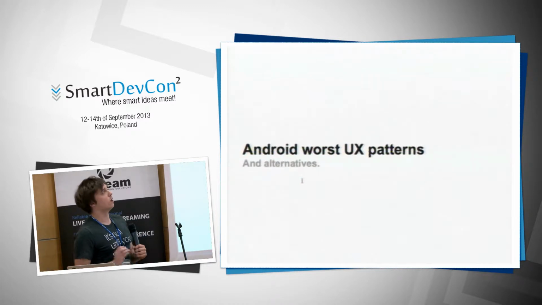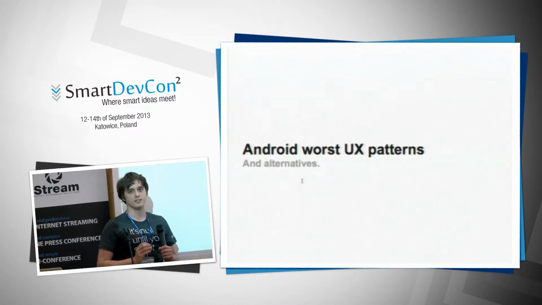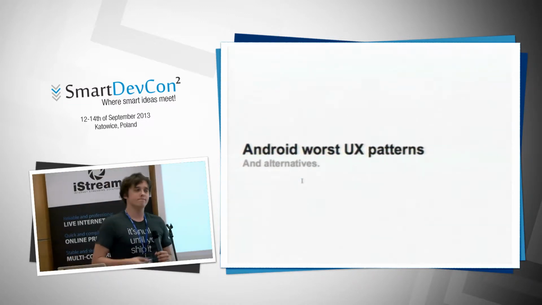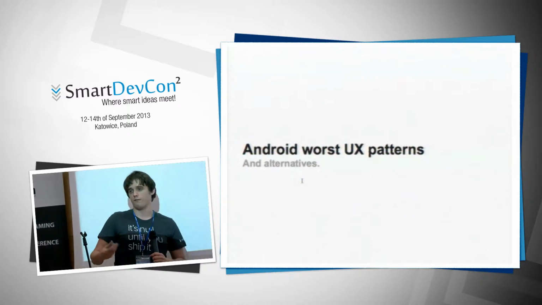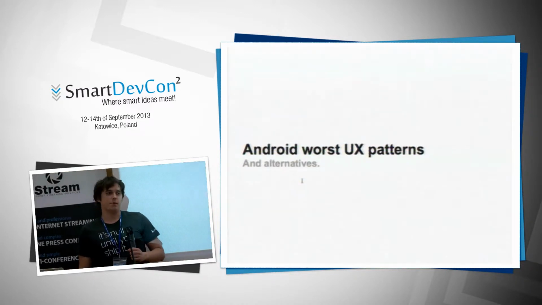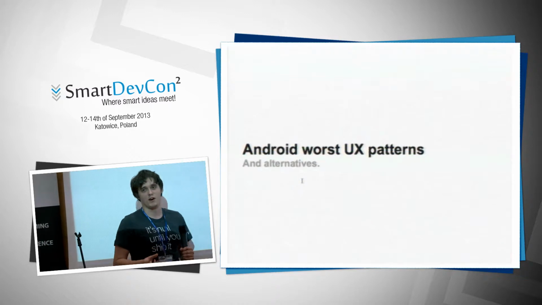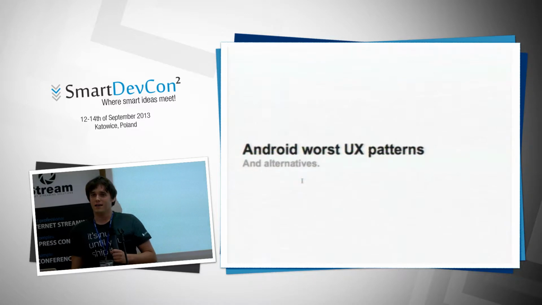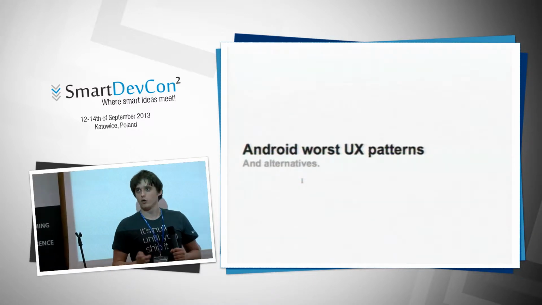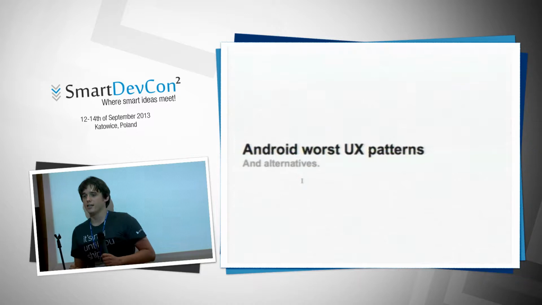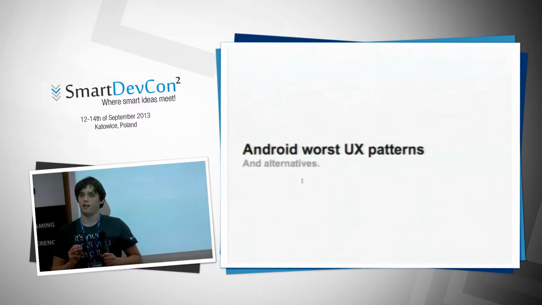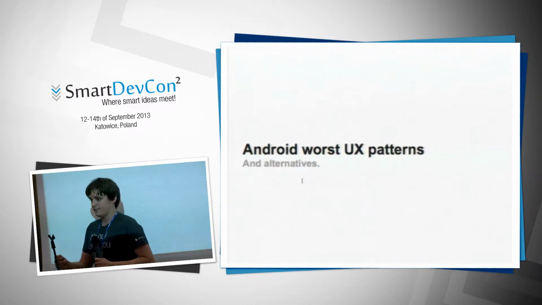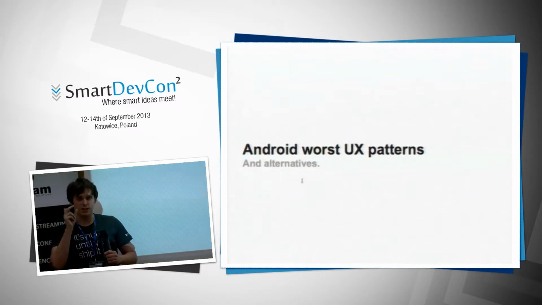So this talk will be about the worst Android UX patterns and alternatives to those UX patterns. Often when we install an application directly from Google Play, and this application is super awful, you uninstall it just after a few minutes. And what's interesting about that is that Google Play receives the message that you had that application installed only for 5 minutes and then uninstalled it, and it's decreasing your score in the search.